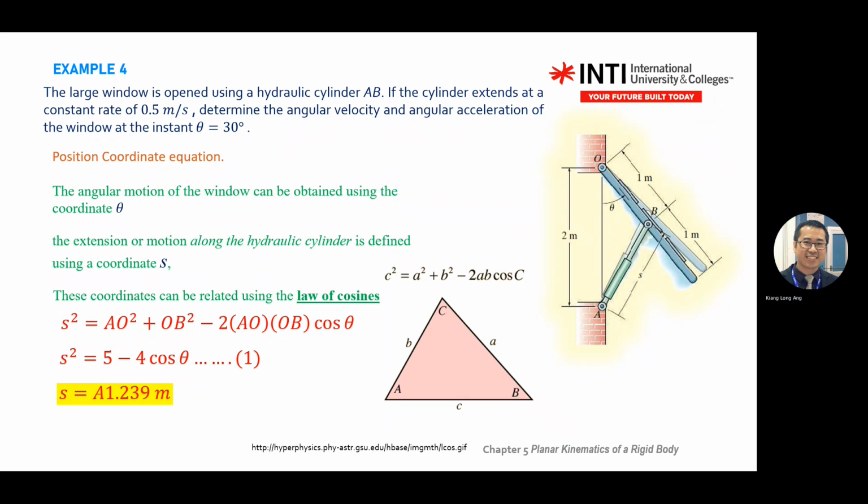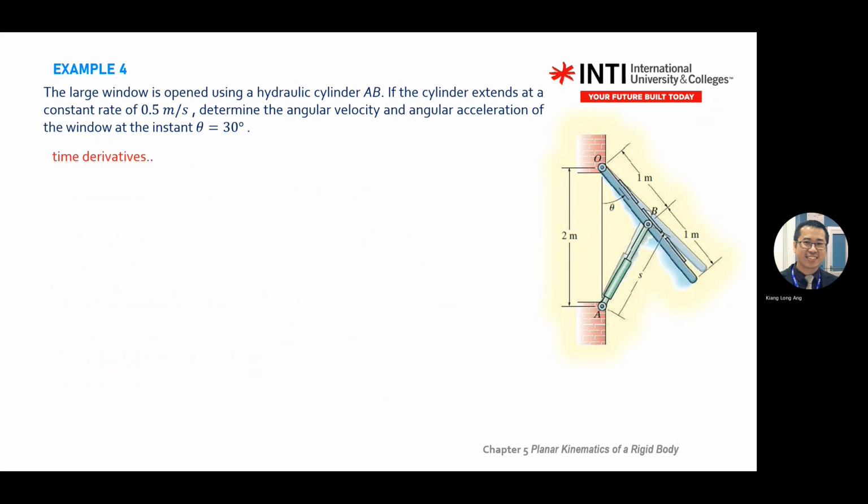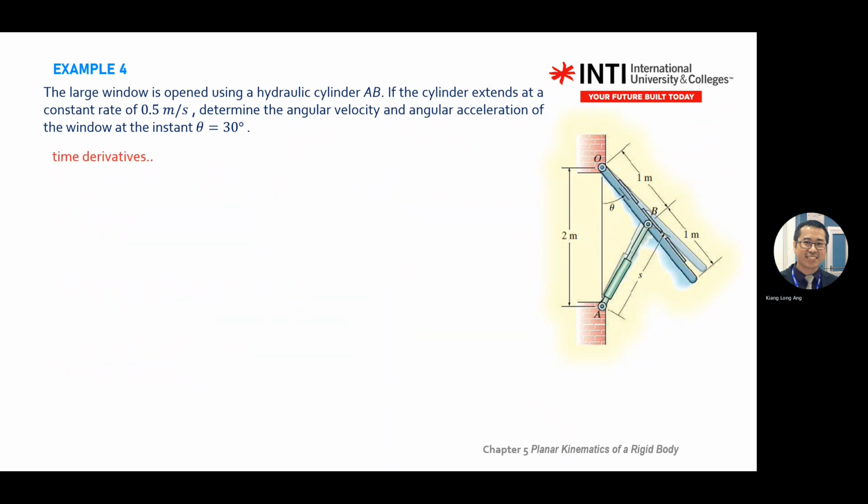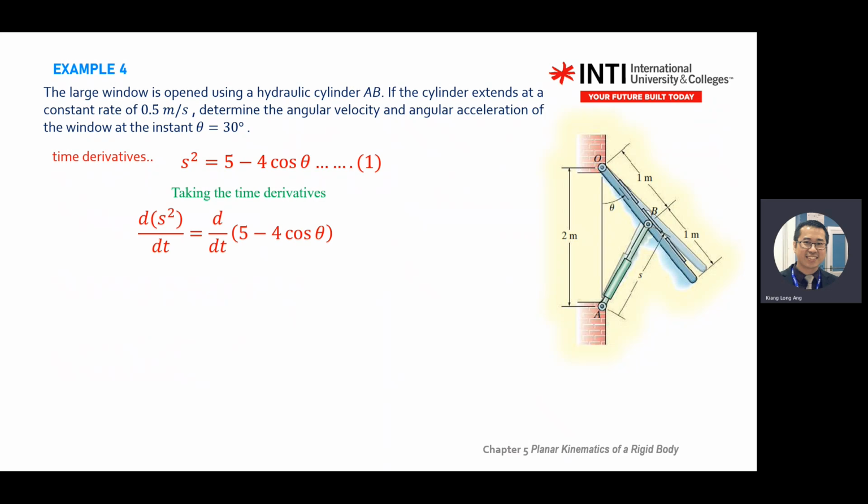Substitute here. You'll get 1.2. Any questions so far? Okay. You do the time derivative. Why? Because you want to find velocity. So here, you take the time derivative of the whole equation.